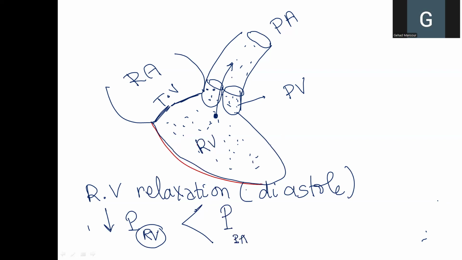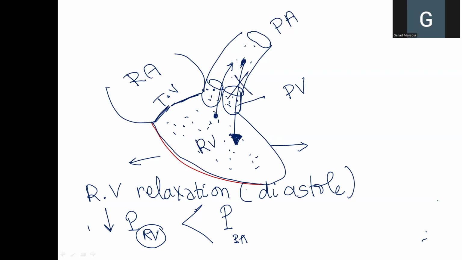So now when the right ventricle starts to relax and to enlarge its chamber, there is a great risk that blood backflows from the pulmonary artery to the right ventricle. This doesn't happen, but I'm talking about the risk.